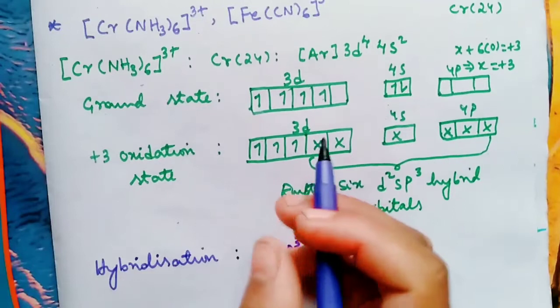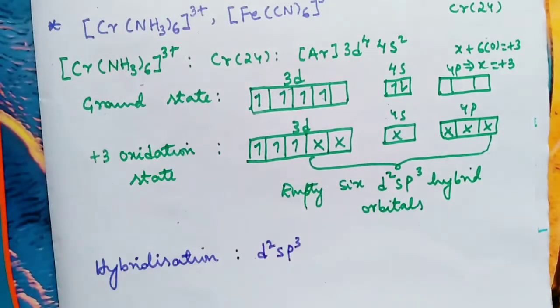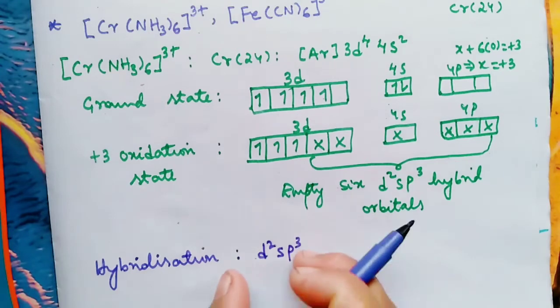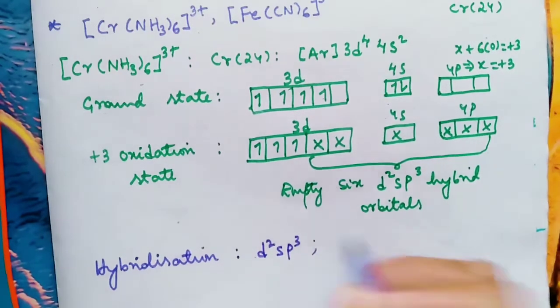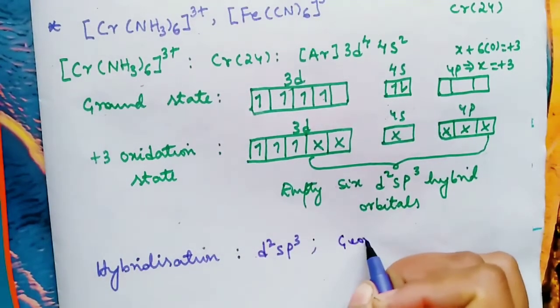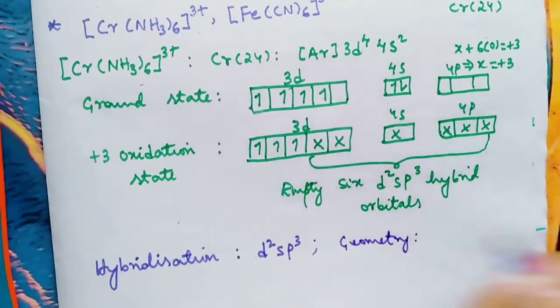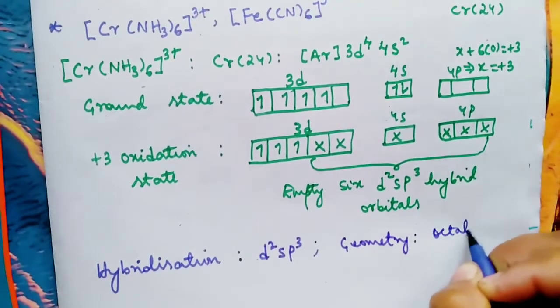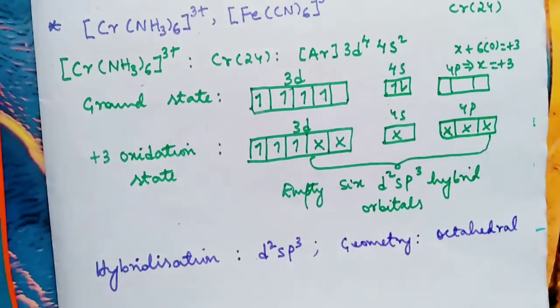There will be no pairing of electrons because NH3 is a weak ligand. Since NH3 is a weak ligand, no pairing of electrons will take place. So the hybridization here is d2sp3. If the hybridization is d2sp3, what is the geometry of the complex? It is octahedral.